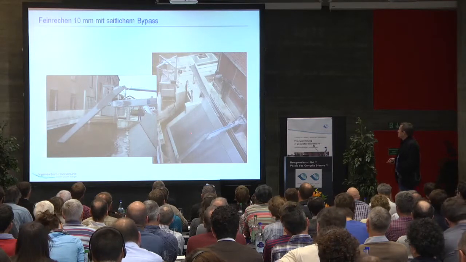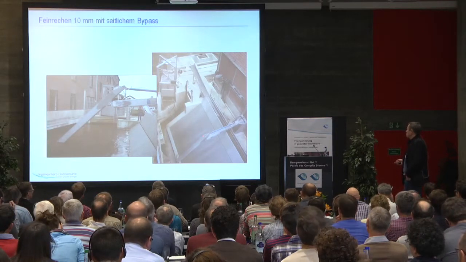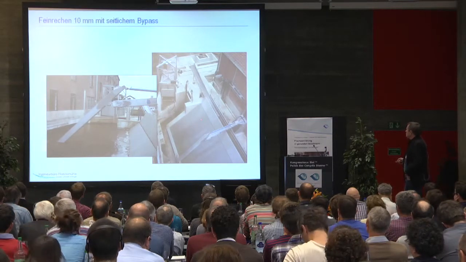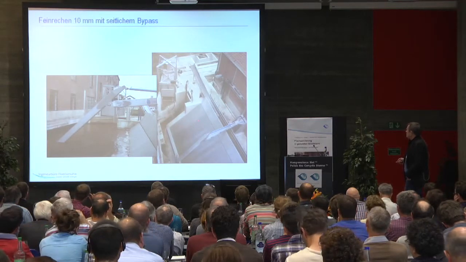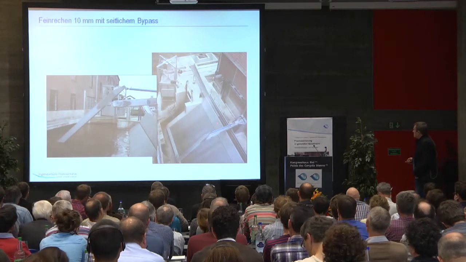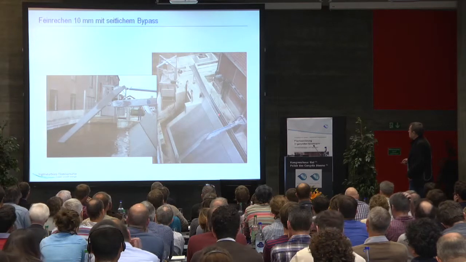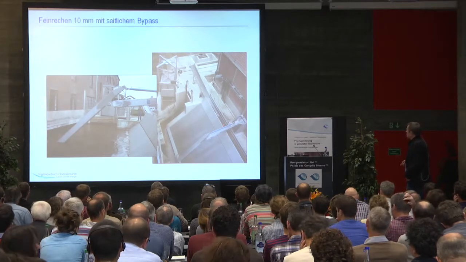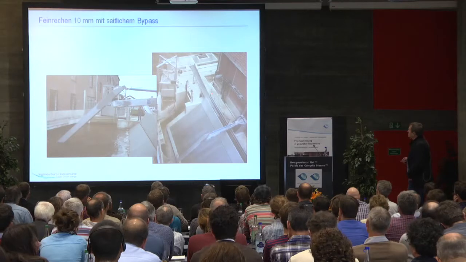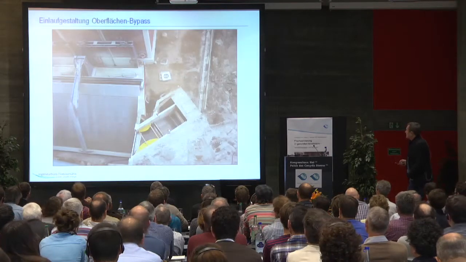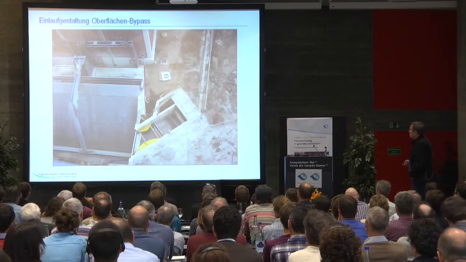This is a hydroelectric power station at the River Ruhr in Germany, at the Dutch border. And here we have a 10 millimeter fine screen with a conventional floating matter channel and a container on the side.